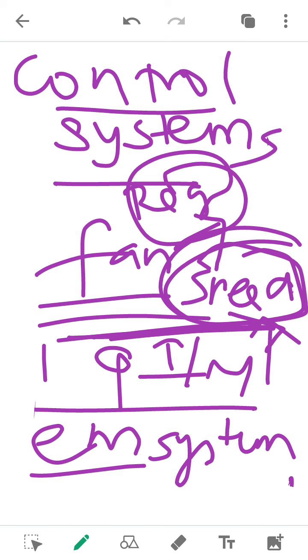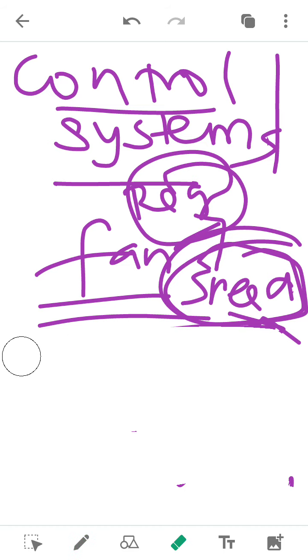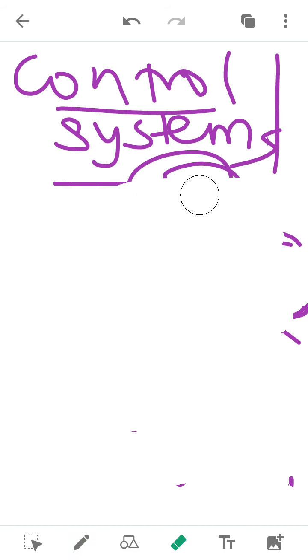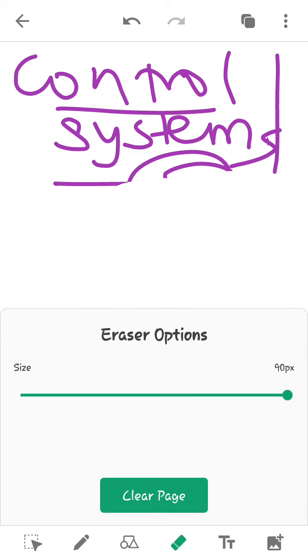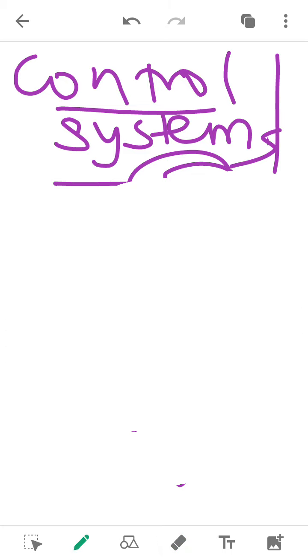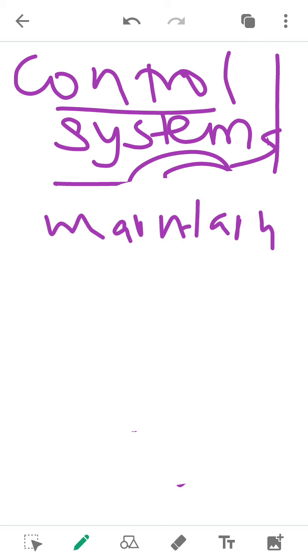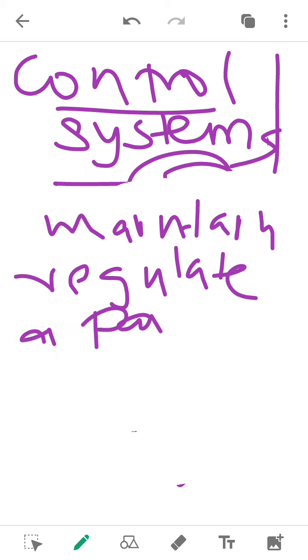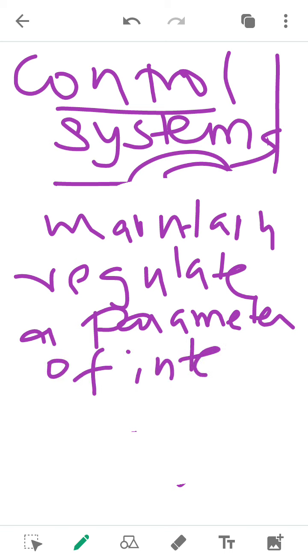So you will be able to define the term control system as a mechanism with the help of which you will be able to achieve a desired target. So you will be able to maintain or regulate a parameter of your interest in a system.